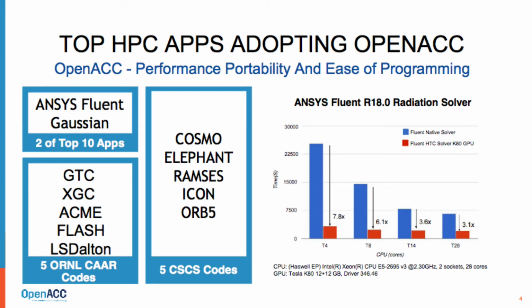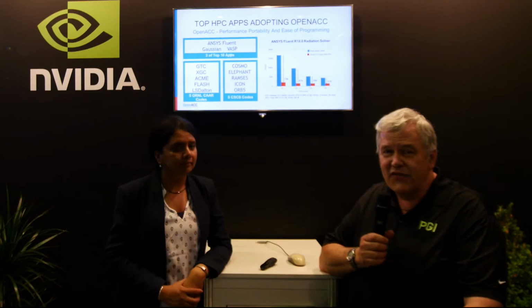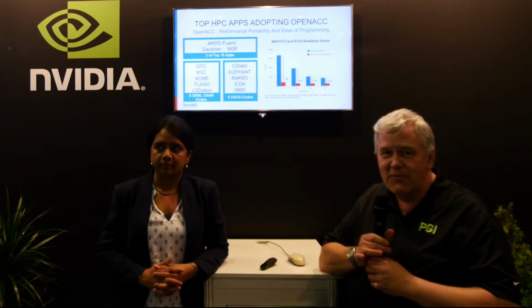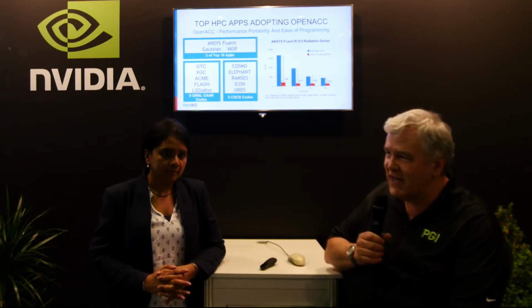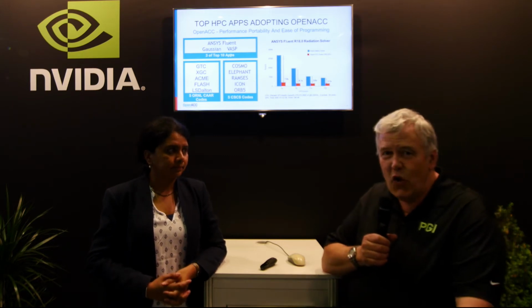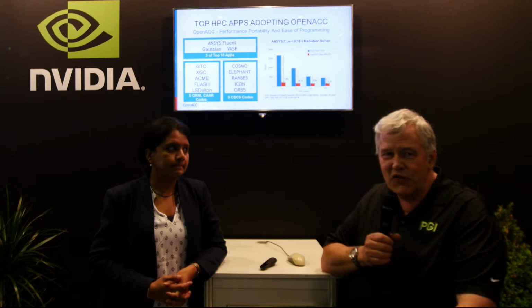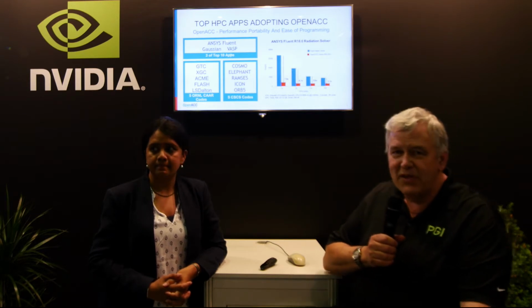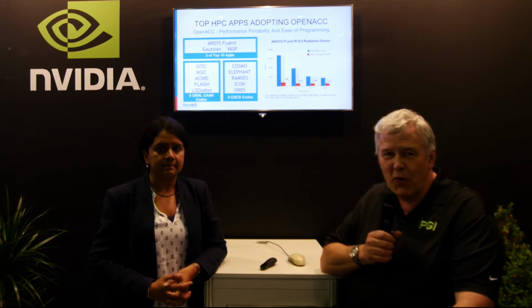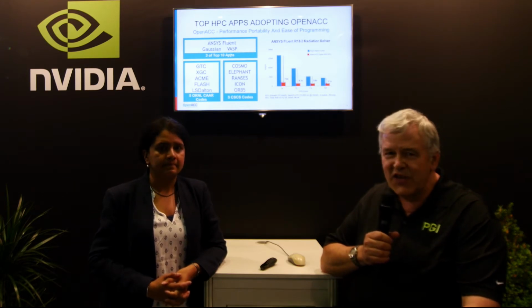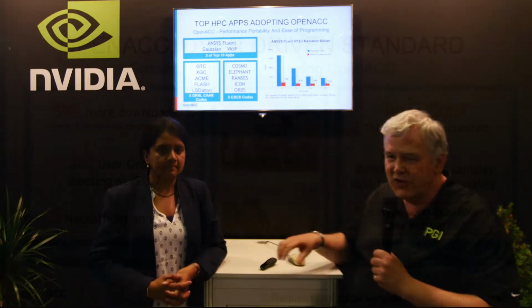What we see on the top is 3 of the top 10 ISV HPC applications, as rated by Intersect360, are now being ported, and in some cases have been released for GPU acceleration using OpenACC. 5 of the 13 Oak Ridge CAAR codes being ported to GPUs, preparing for Summit, are using OpenACC, and 5 of the main codes being used on the CSCS Piz Daint supercomputer are also using OpenACC. That's a great validation of OpenACC as a programming model for GPU acceleration.